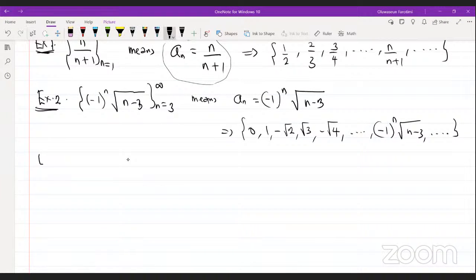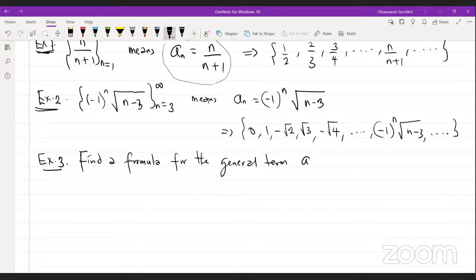Now, let me give you guys another example. If I give you a list of numbers and I ask you to find the formula which generates that, let's say find a formula for the general term a_n of the sequence 3/2, negative 5 over 4, 7 over 8, negative 9 over 16, 11 over 32.